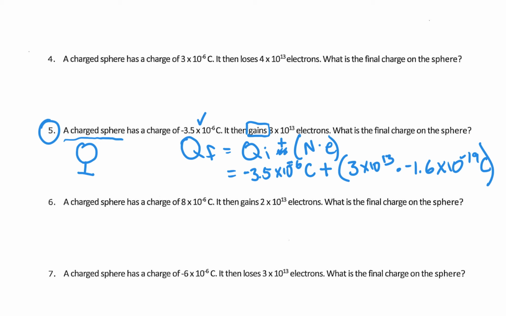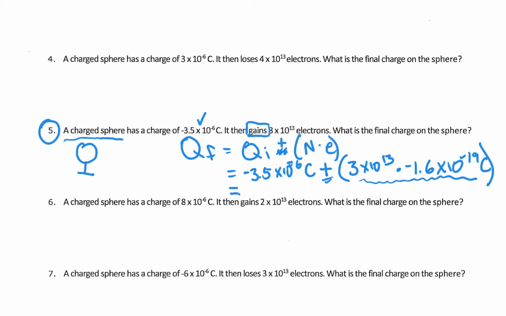It looks a little bit longer or bigger, and I've had different people tell me different tricks. Some people say they want to do this part first, and then add it to the number in the front. And that works very well on calculators. Or you can start at the beginning. Negative 3.5 times 10 to the negative 6th power plus parentheses 3 times 10 to the 13th.